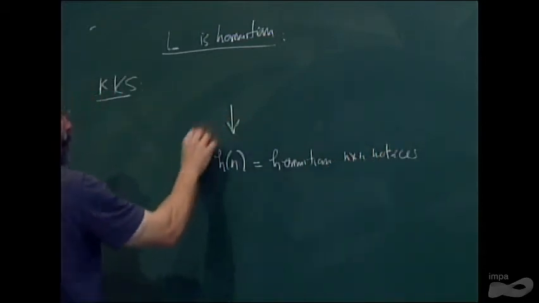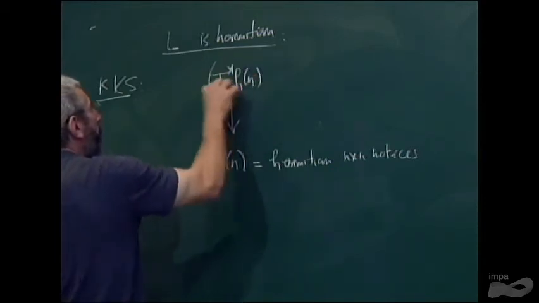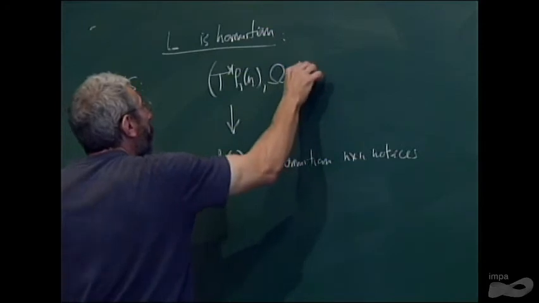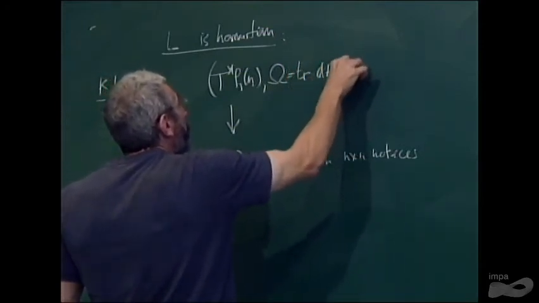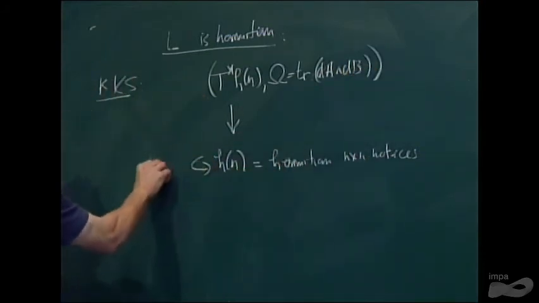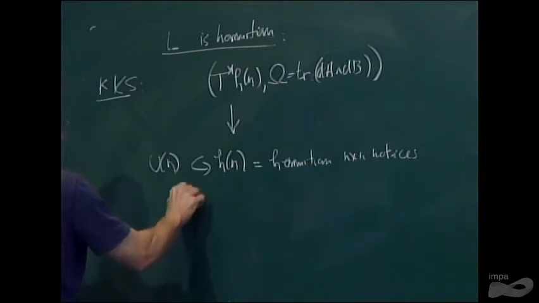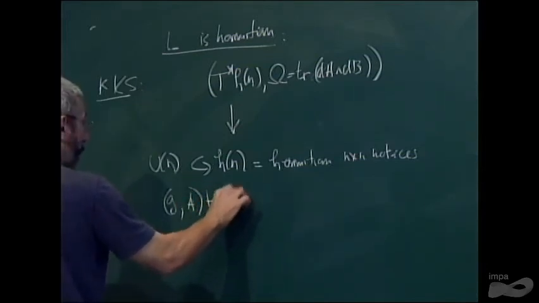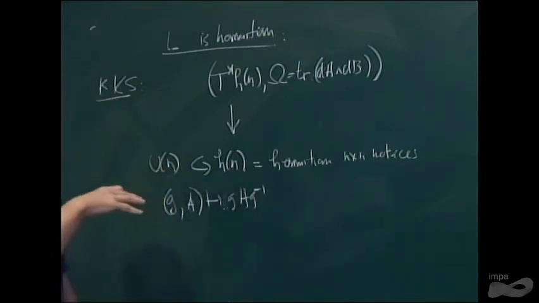And then they consider the cotangent bundle of this with the standard symplectic form, which is in this case the trace of dA dB. Here they consider the adjoint action of the unitary group.